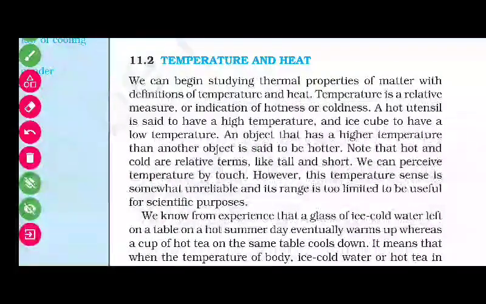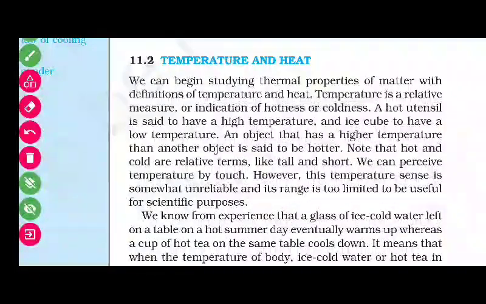It will assign a number to it. How much? You are saying that this body is hotter, but how much? A hot utensil is said to have a high temperature, and an ice cube a low temperature. Very obvious thing to understand. An object that has a higher temperature than another object is said to be hotter.